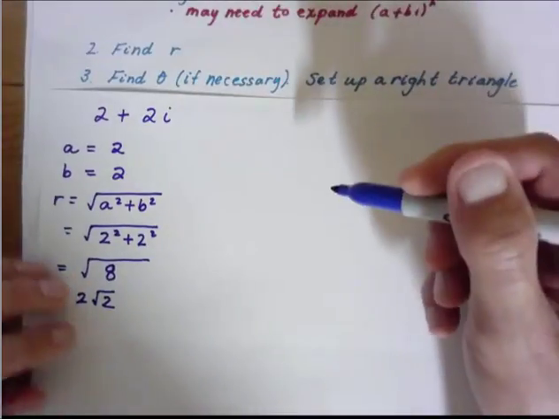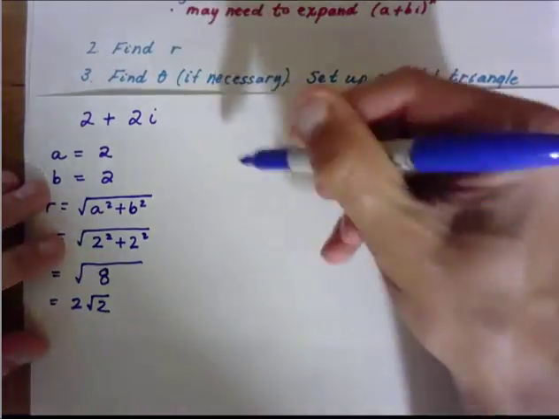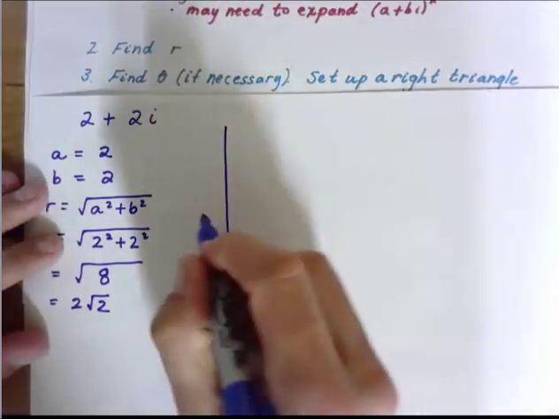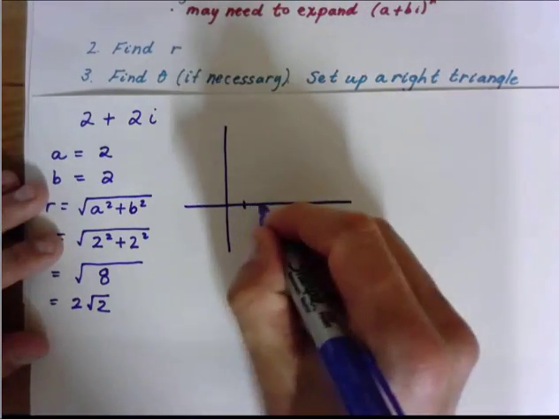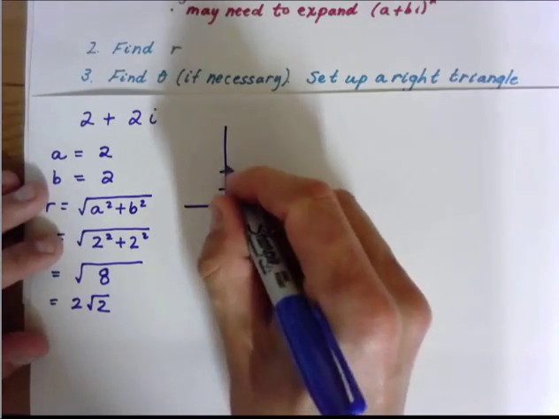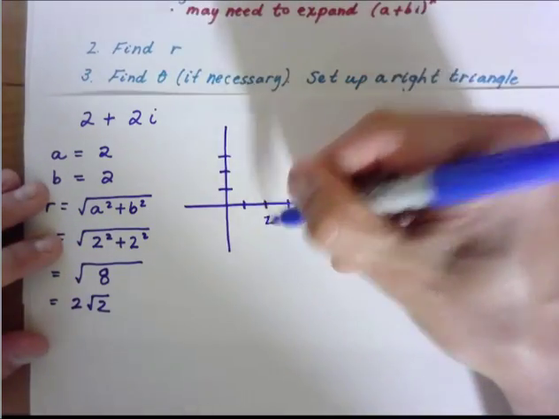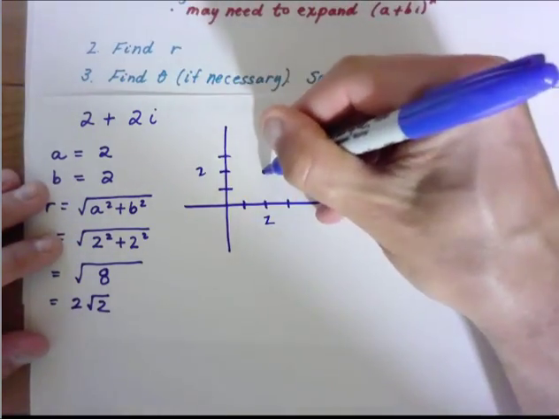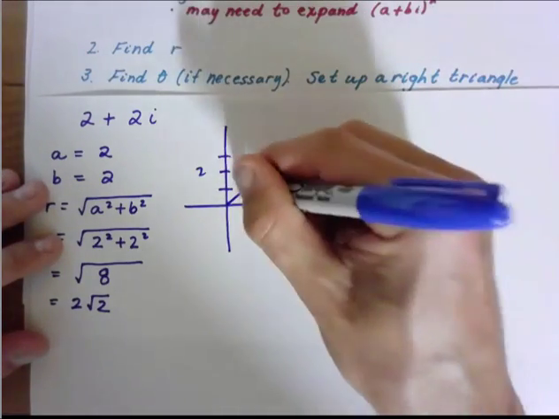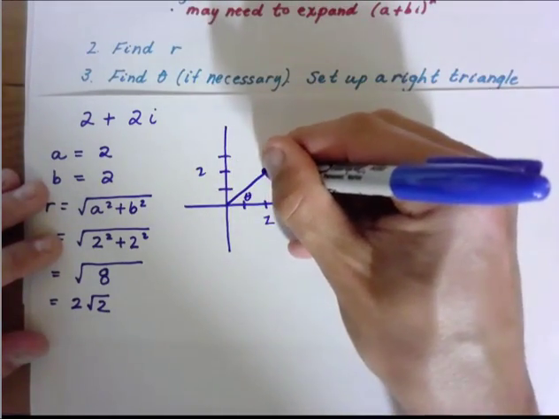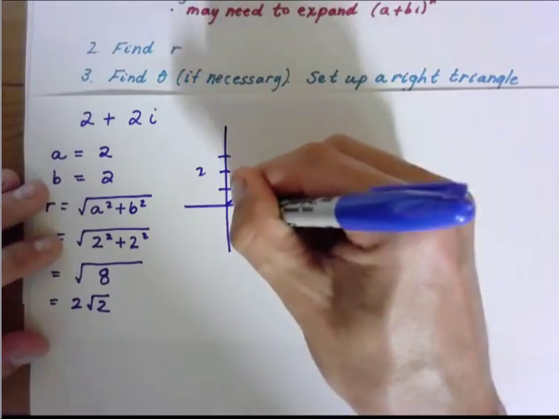Let's go ahead and draw this picture. I don't need much, I need just 1, 2, 3, 1, 2, 3. So 2 is here, 2 is here. We're going to make a point. Here's theta, and we have 2 and 2 here.